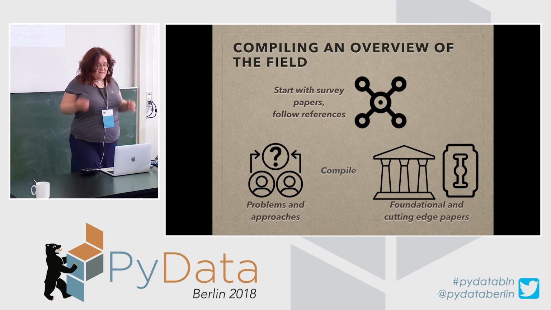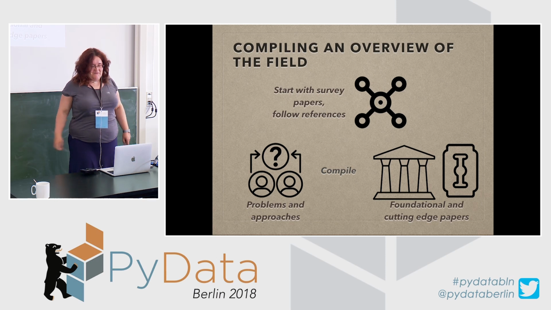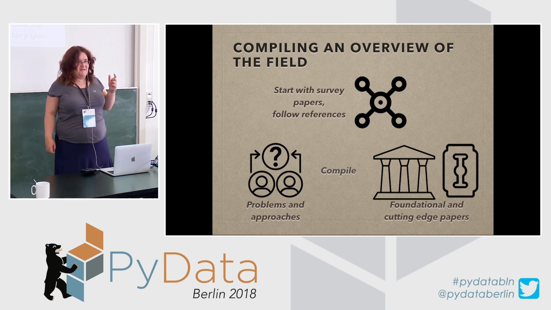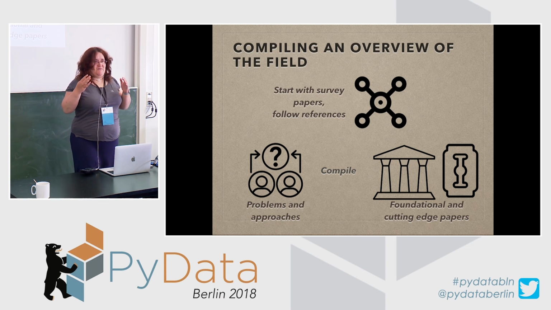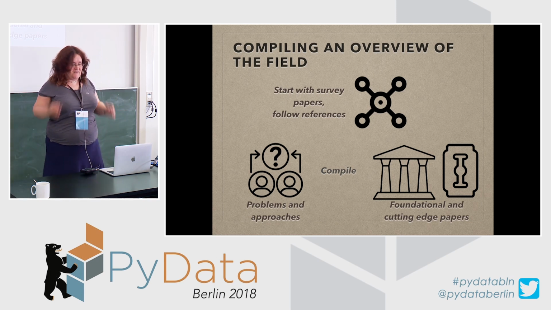And then there are two things that are really interesting to look at as you build your understanding of the field, and to figure out which is the main meat of the area. One is to figure out what the common problems are that people are facing, so what they are actually working on and why. The other is which top approaches people use, so that when you look into a paper, you don't start with something that turns out to be really random, but something that's really a major approach.